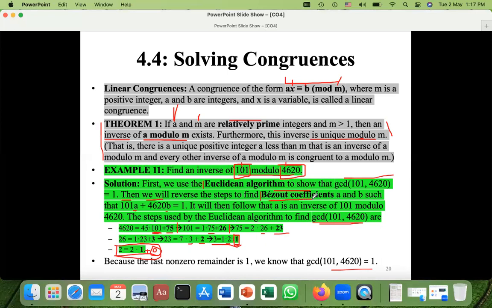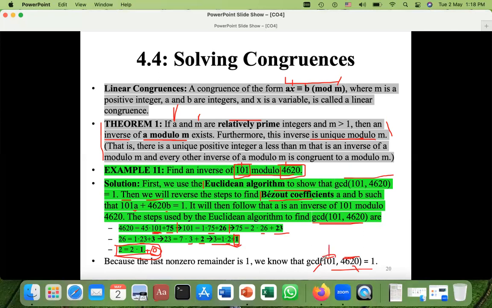When we find the Bezout coefficients for these two numbers, those would be some additional numbers. One will come here as a combination with this 101, and the other will come here as a combination with 4620. And this 4620, according to the given problem, is a modulo value. Then you have to move to the other number, that is the a.